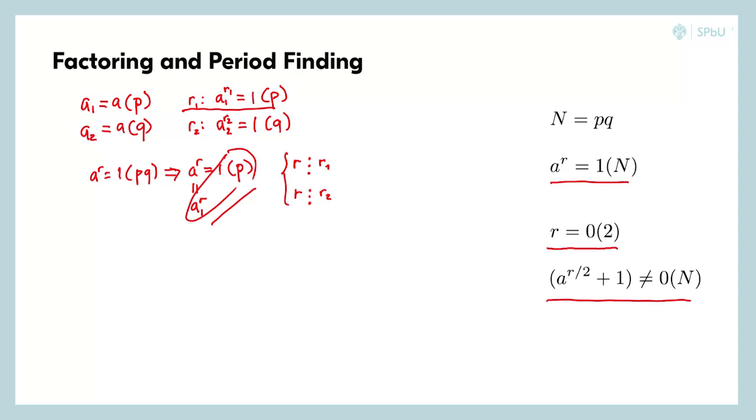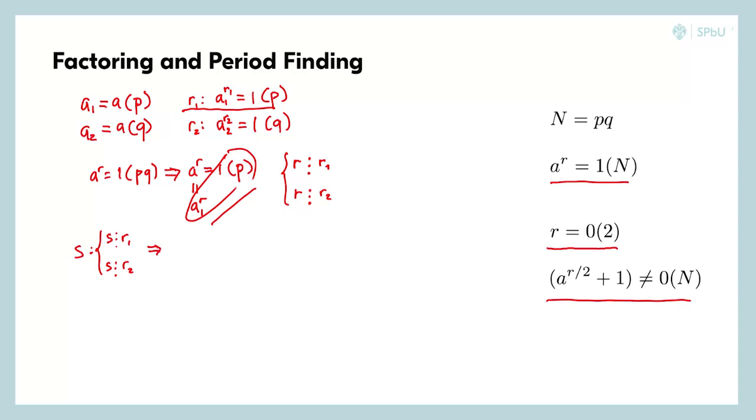Okay, even more. Let's consider any number s, which is also a multiple of both these numbers, R1 and R2.